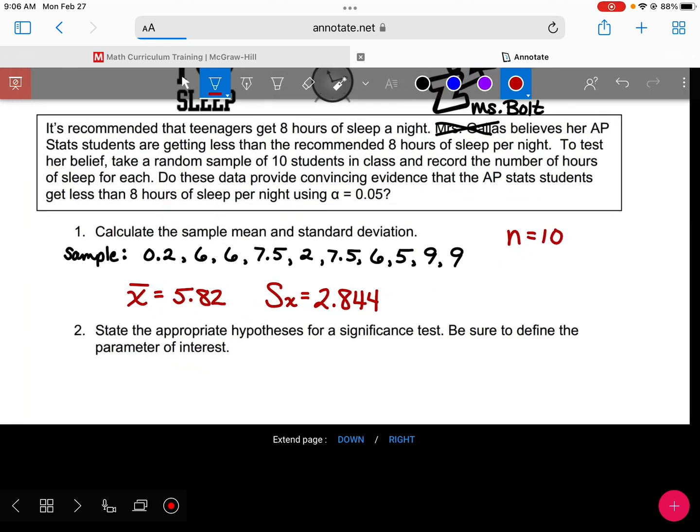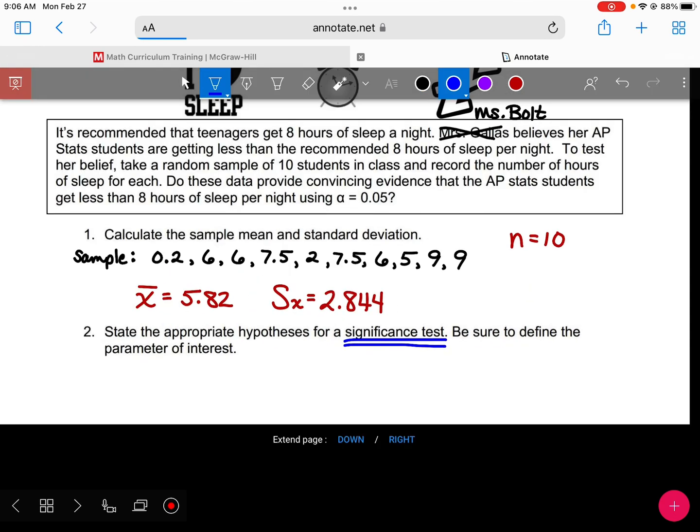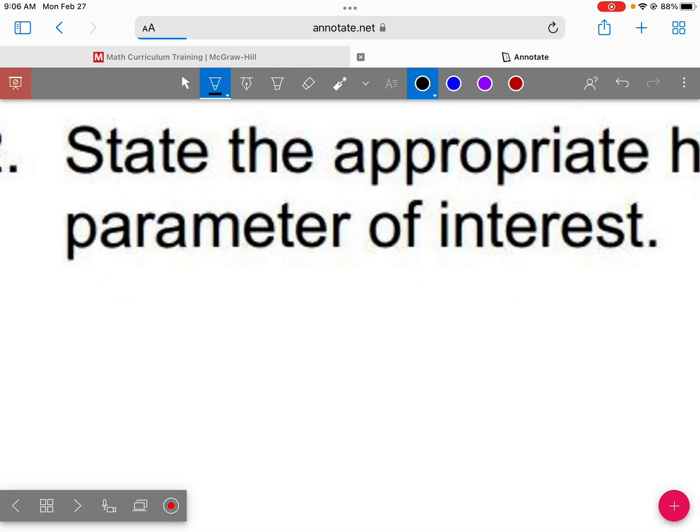We are going to do a significance test. So we're going to state our hypothesis and our alternative hypothesis. Remember, null hypothesis is always going to be the mean equals something, my bad.